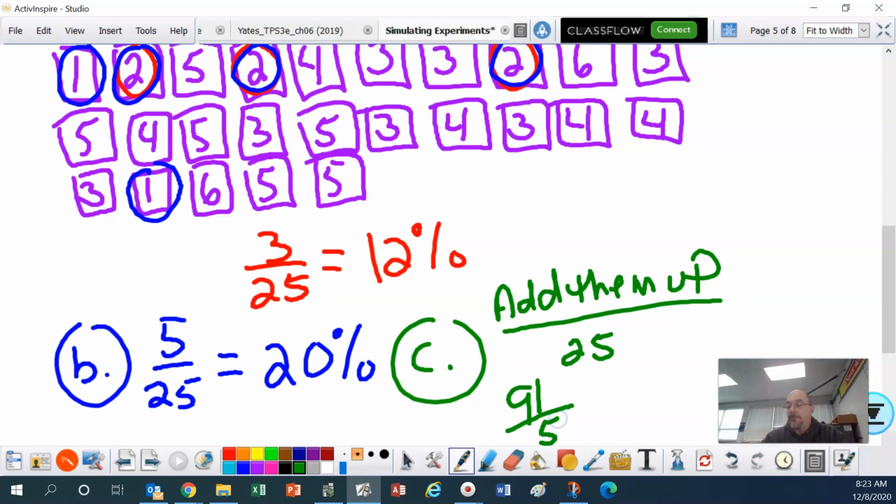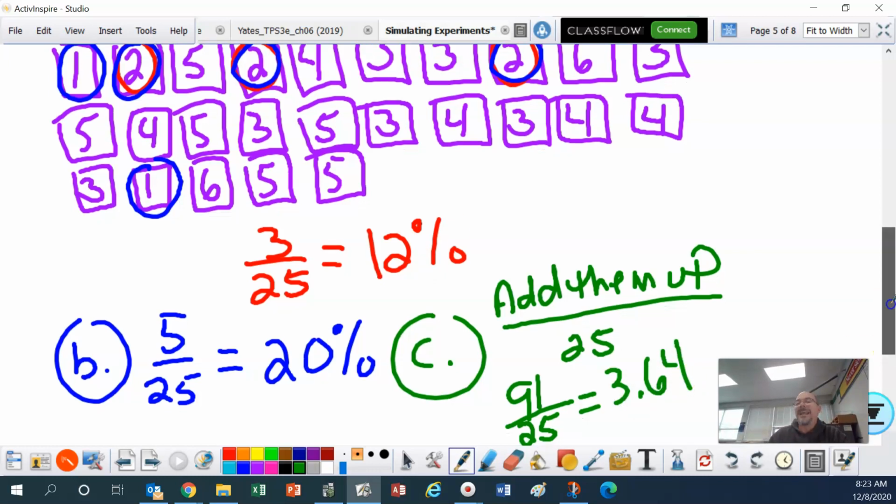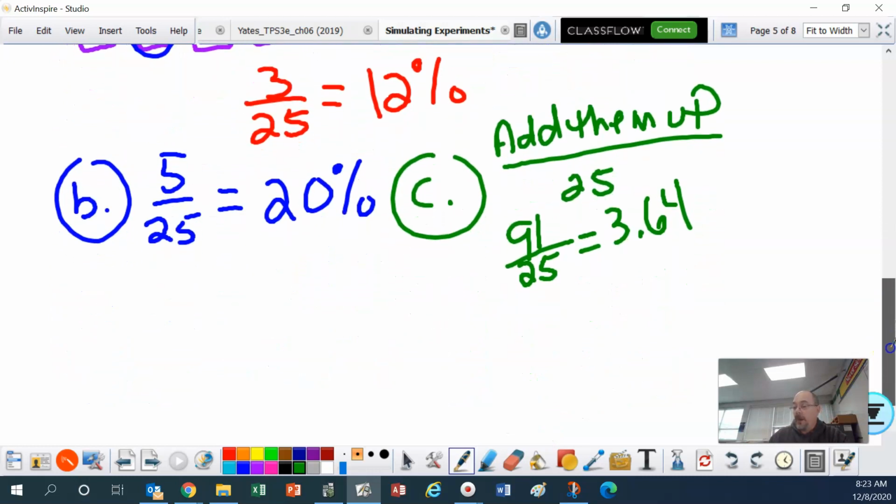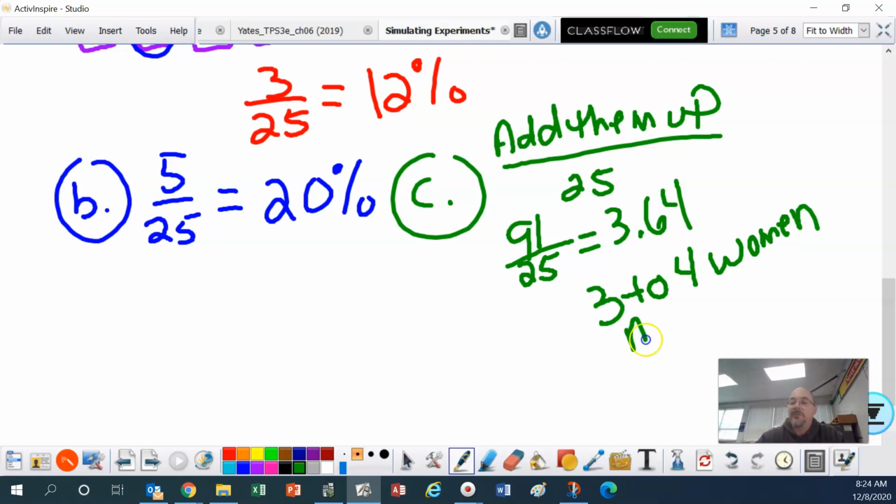I got 91. And 91 divided by 25 is 3.64. Well, you know, we can't have part of a woman, right? You can't have part of a person. So what I'm going to say is 3 to 4 women. It's closer to 4, but we'll just say 3 to 4 women is the average.